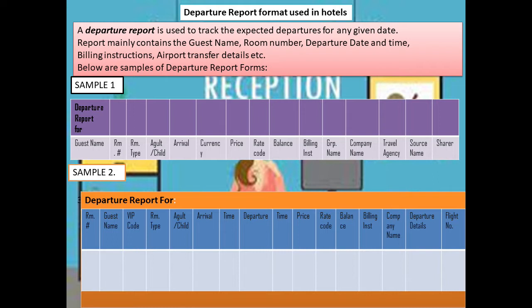For sample number 2, departure report for, and then the first column is the room number, followed by the guest name, VIP code, room type, adult or child, and then the arrival, the time, departure, and the time, price, rate code, balance, billing instruction, company names, departure details, and the flight number.